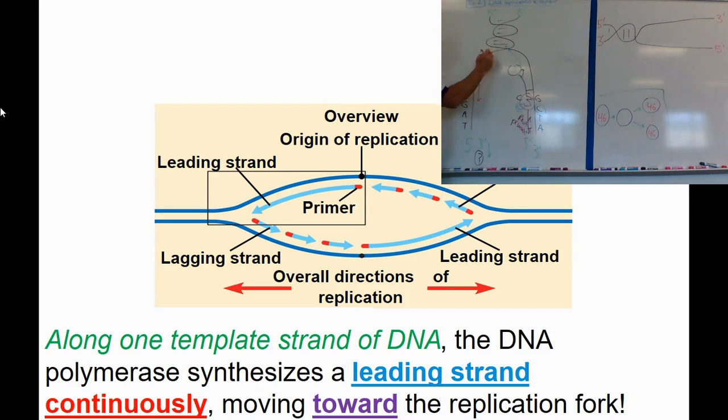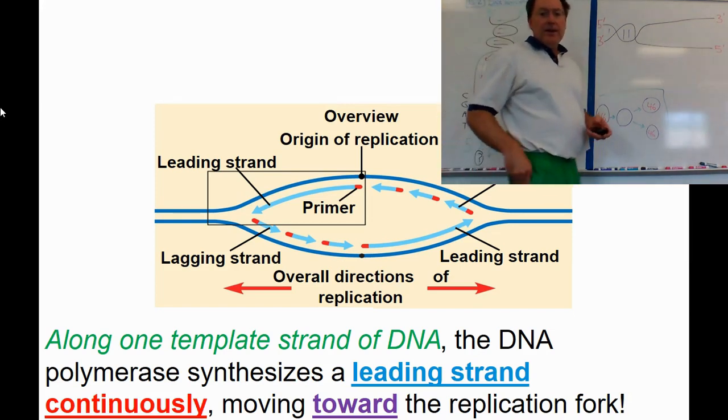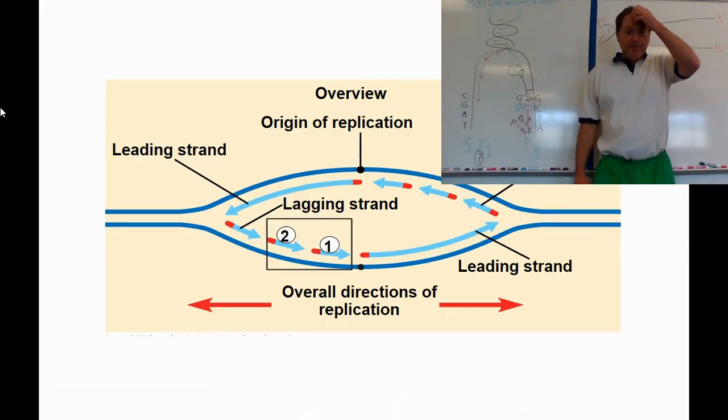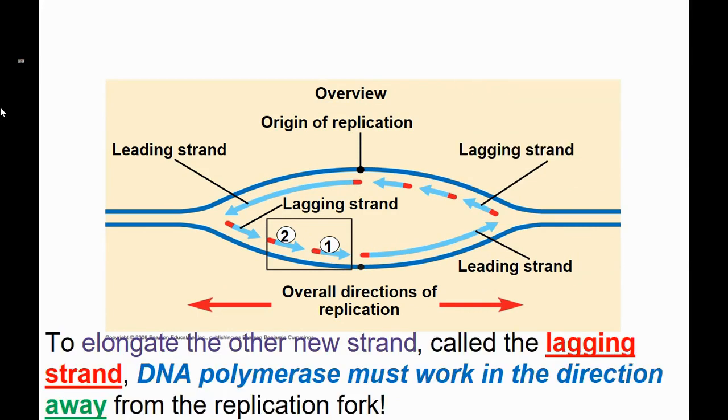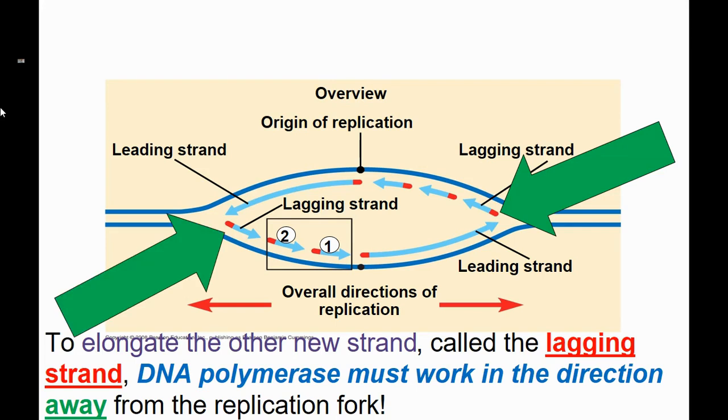And then as the fork continues to open, you get more here and then you get more here. And as the fork opens up towards the ceiling, you get these little chunks, and you can see that on this picture. To elongate the other new strand, called the lagging strand, the DNA polymerase must work in the direction away from the replication fork. You can see that there.